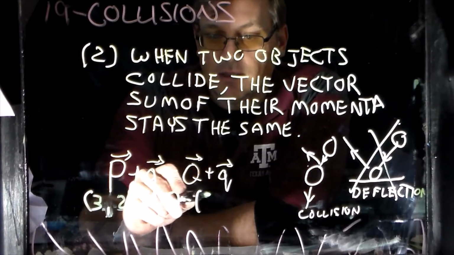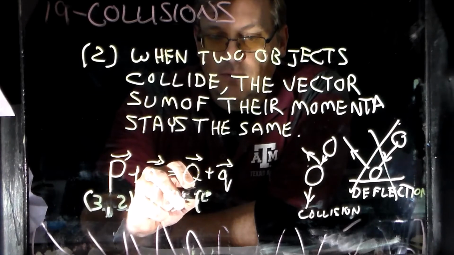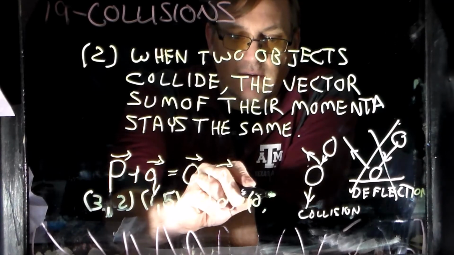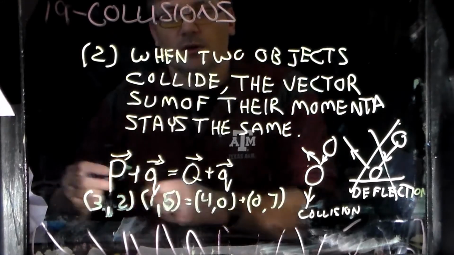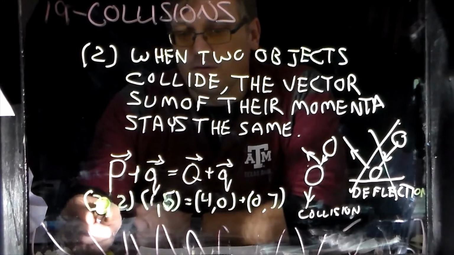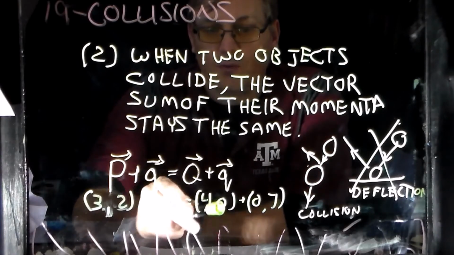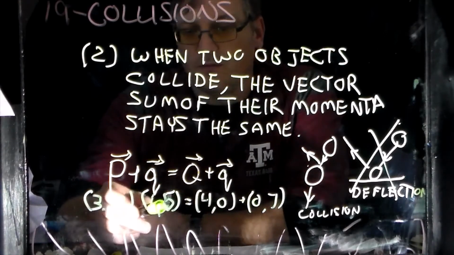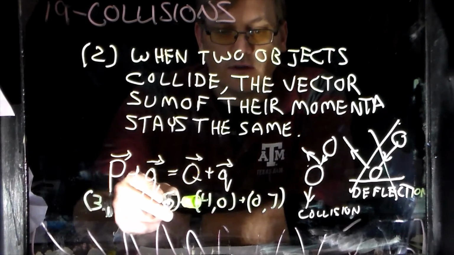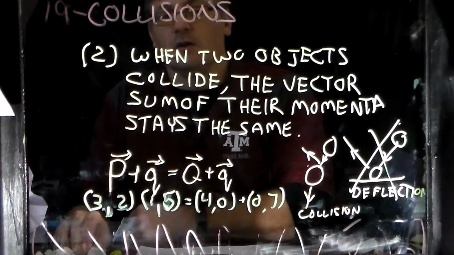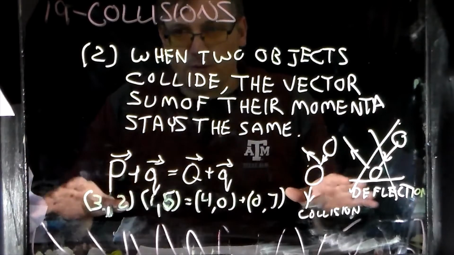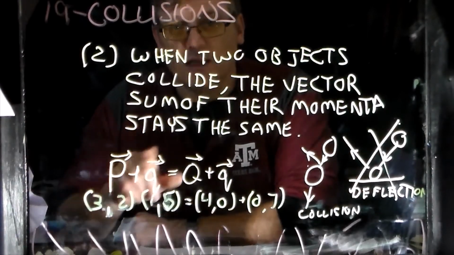So I could just have 4 here and 0, and 0 and 7. It's not completely general, but the momentum is conserved because 3 plus 1 equals 4, and 4 plus 0 is equal to 4, and 2 plus 5 is equal to 7, and 0 plus 7 is equal to 7. So that momentum is conserved. So in every direction, the momentum has to be conserved, each and every one of them.